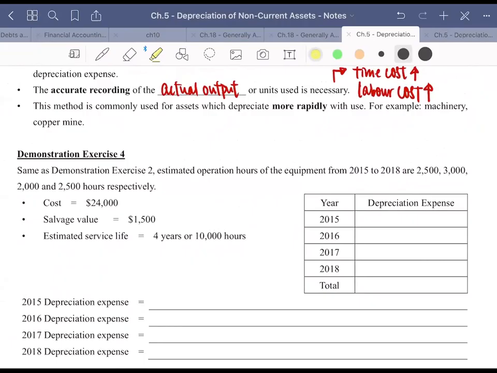have to be used. So the question provides the 4 years, the number of hours we're going to estimate they will operate. And you can see the total of these 4 hours would be the total estimated useful life, the same if you add the 4 numbers together, because the leftover should be remaining 0 hours after the 4 years usage.